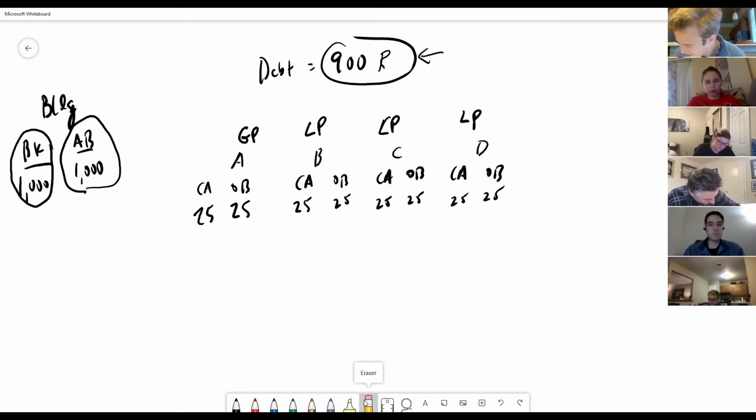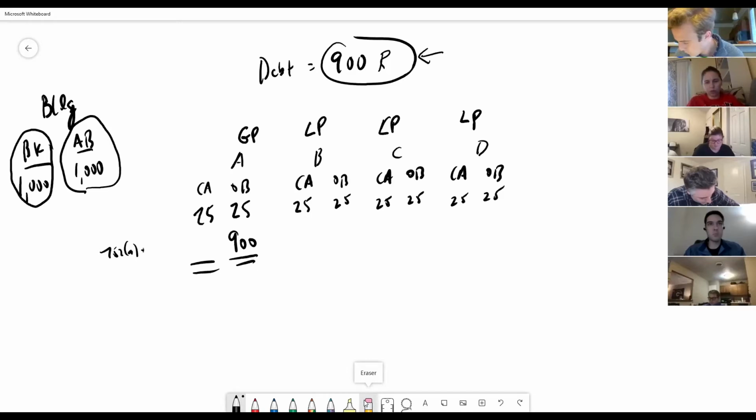So non-recourse debt is shared under 752 in accordance with their share of partnership profits. Recourse debt is shared in accordance with the partner's economic risk of loss, EROL, economic risk of loss. And here it's pretty simple that A is going to bear the full burden of the economic risk of loss. So A is going to get the full amount of the debt for 752 purposes.